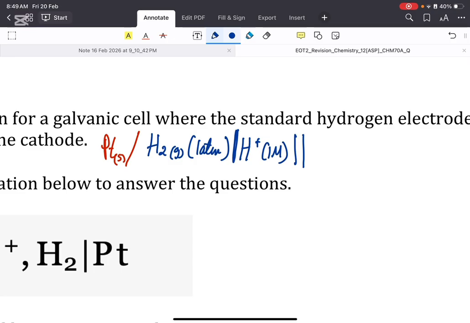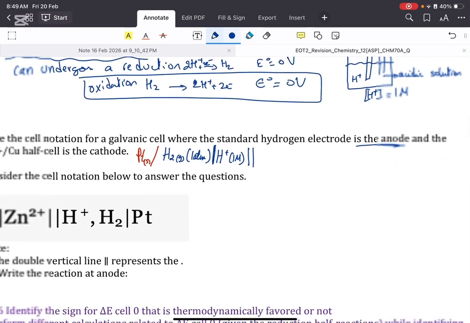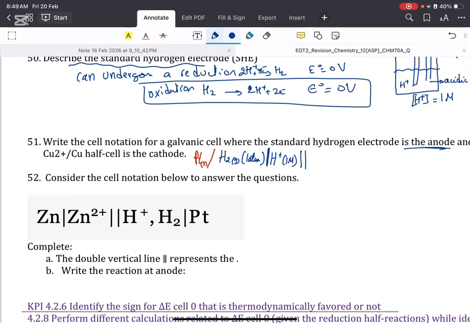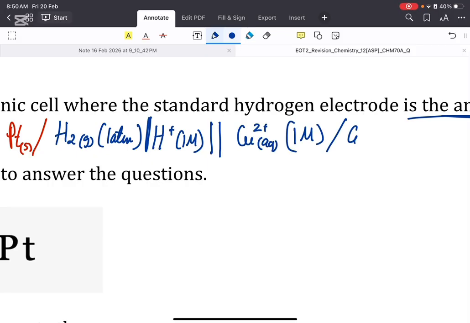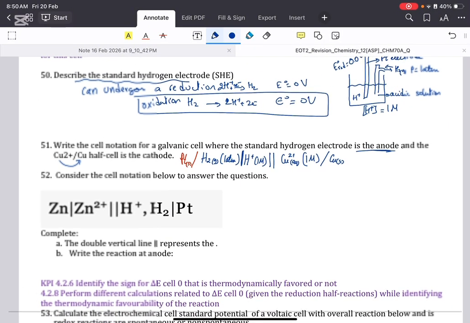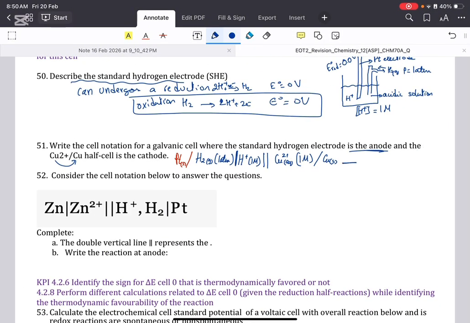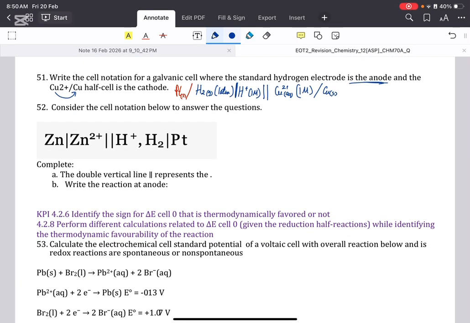You need to put the concentrations. Now, in the other half cell, the cathode, it's going to be a reduction from Cu2+ to Cu. So you're going to say Cu2+ aqueous. Now, logically, the concentration must be given, then Cu solid, like that. I don't need an inert electrode because there is already an electrode.